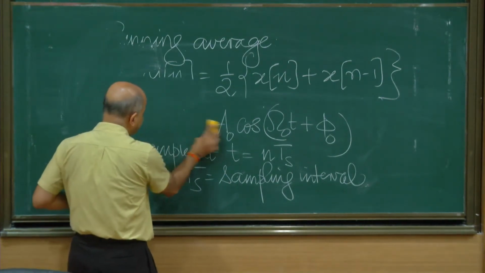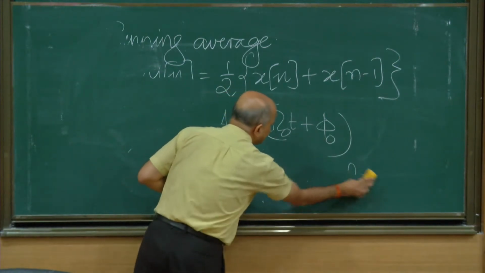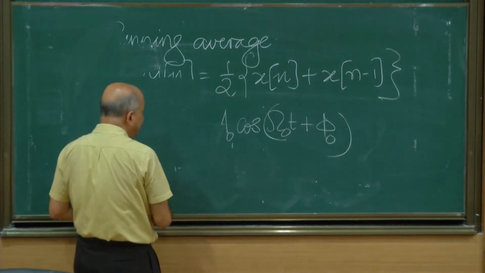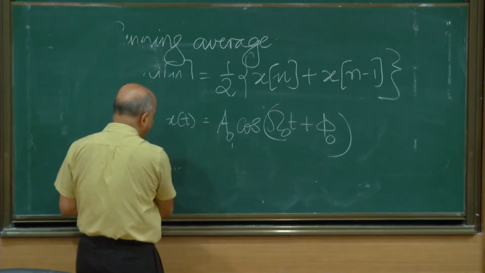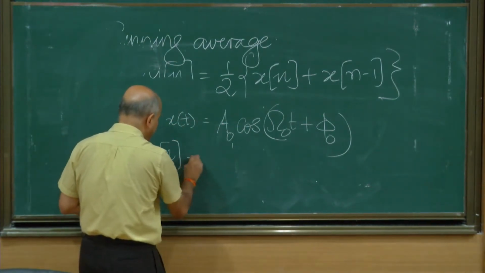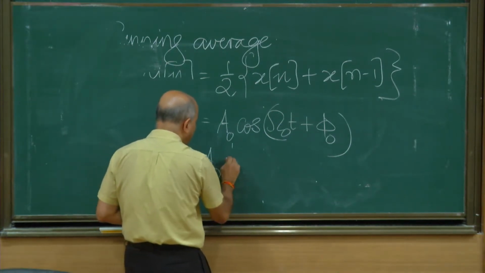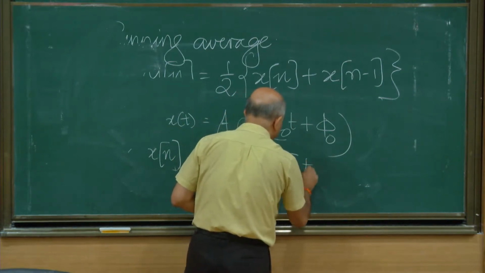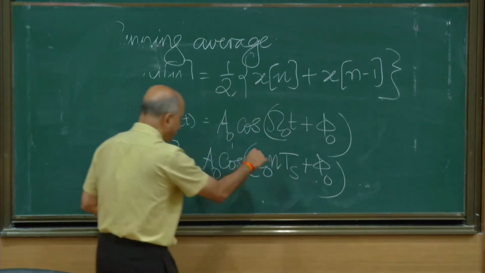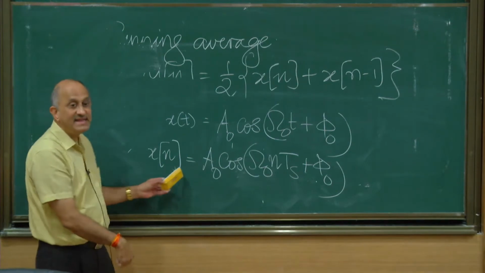Now, that means when you did this, you would get x of n, which is A naught cos(omega naught n Ts plus phi naught). Is that right? This gives you the sequence x of n.